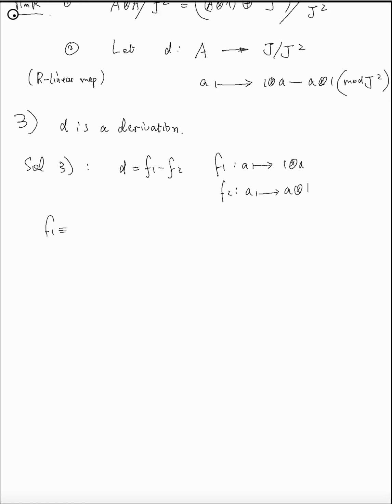Because notice F1 is congruent to F2 modulo J. Because their image always in, sorry, yeah, trivially this is true, and also J squared equals 0 is true, right? So this is directly a derivation.